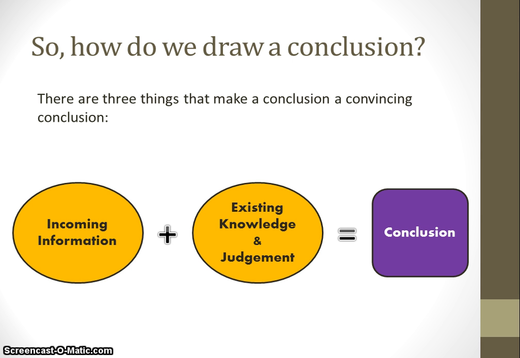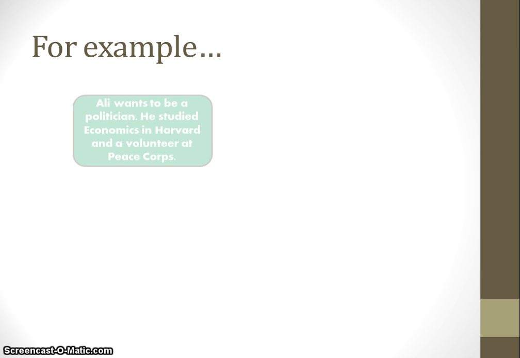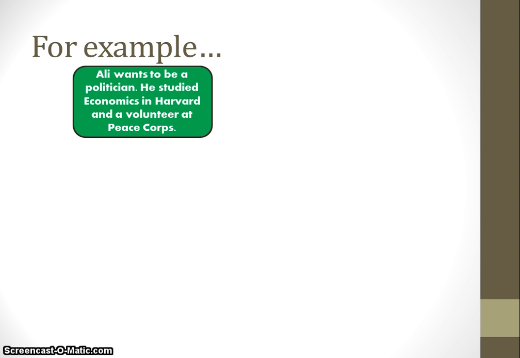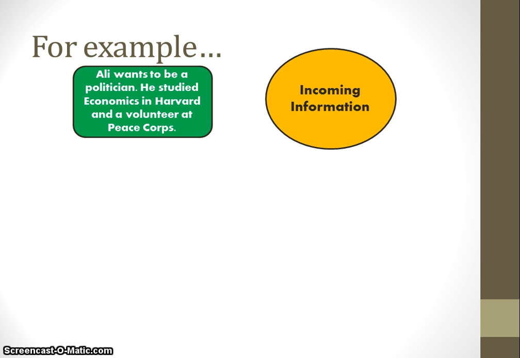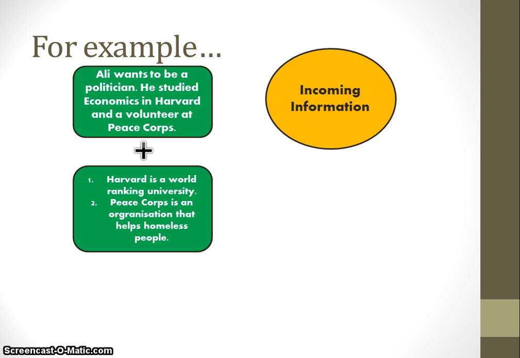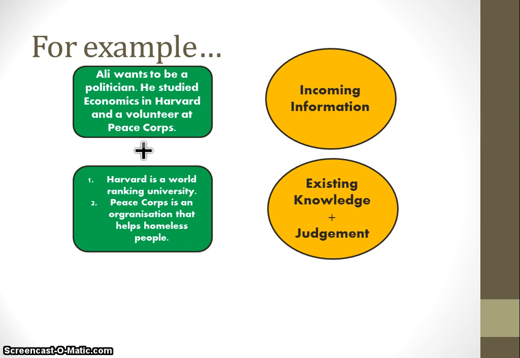Now, let us look at an example here. I'm using the same example about Ali, who wants to be a politician. Now, this is your incoming information, and of course, you have your existing knowledge. But before you move on to making a conclusion, with this existing knowledge and that incoming information, you must somehow judge, and then give a conclusion.